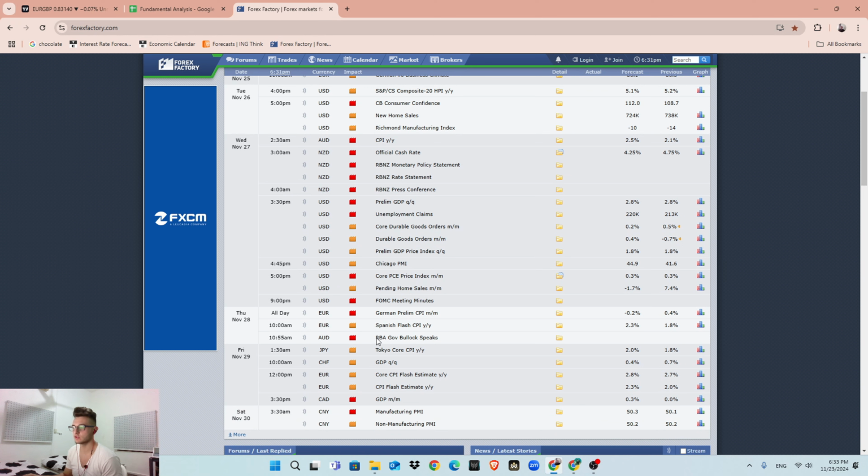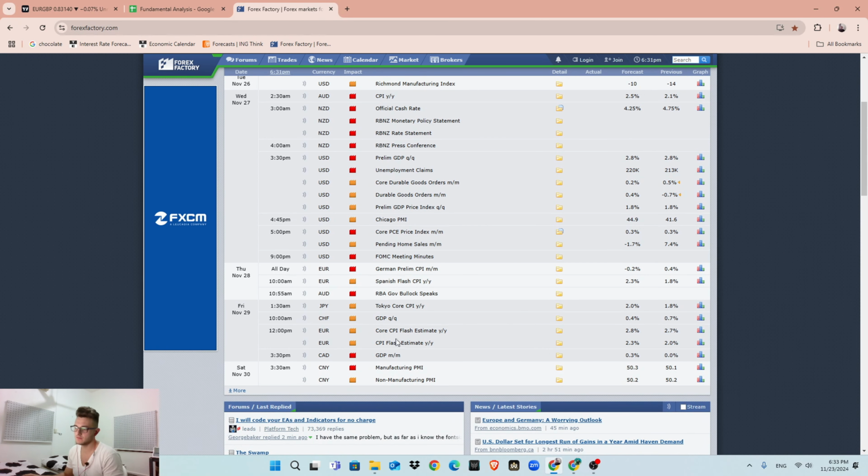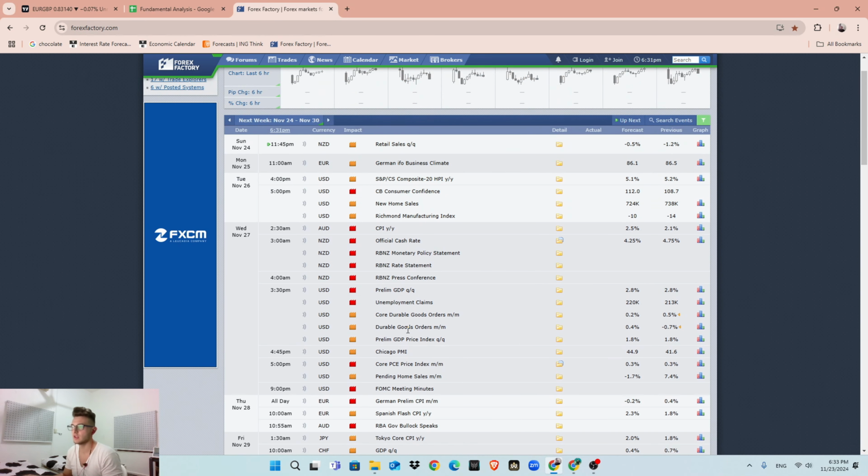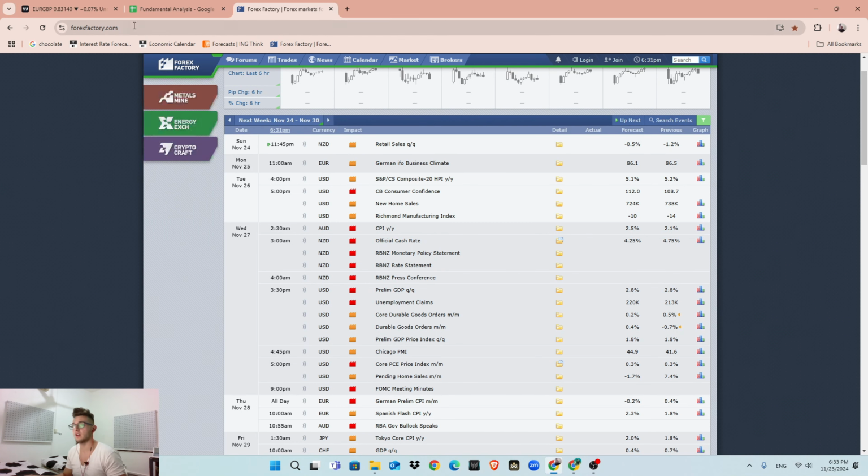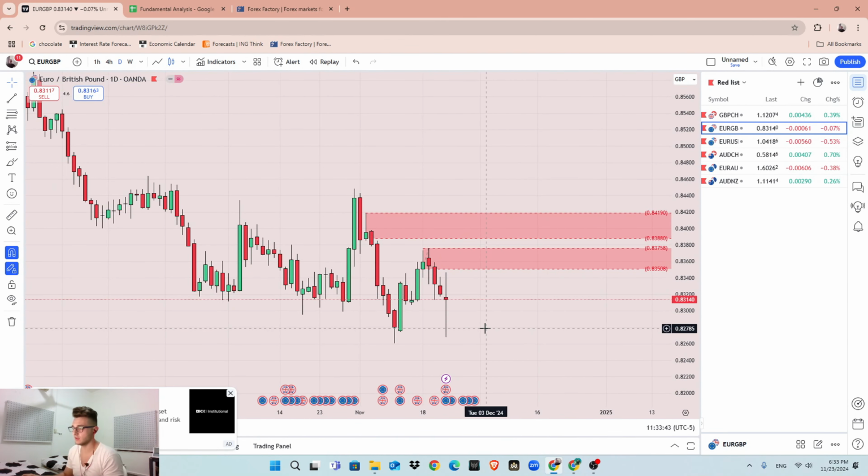Also Governor Bullock speaks for the Australian currency on Thursday. We have good news to have good movement in the markets. We shall see if we have any opportunity to take a position next week during the events, or even position ourselves before the event comes.